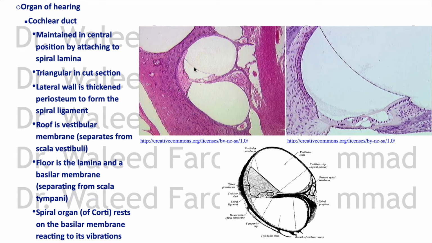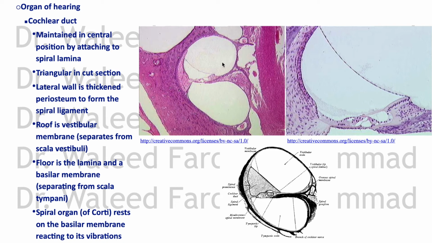It's triangular in cut section, attaches to the lateral wall, turning the cavity into scala vestibuli, scala tympani, and scala media. Scala media is filled with endolymph, which is the duct, and scala vestibuli is filled with perilymph.